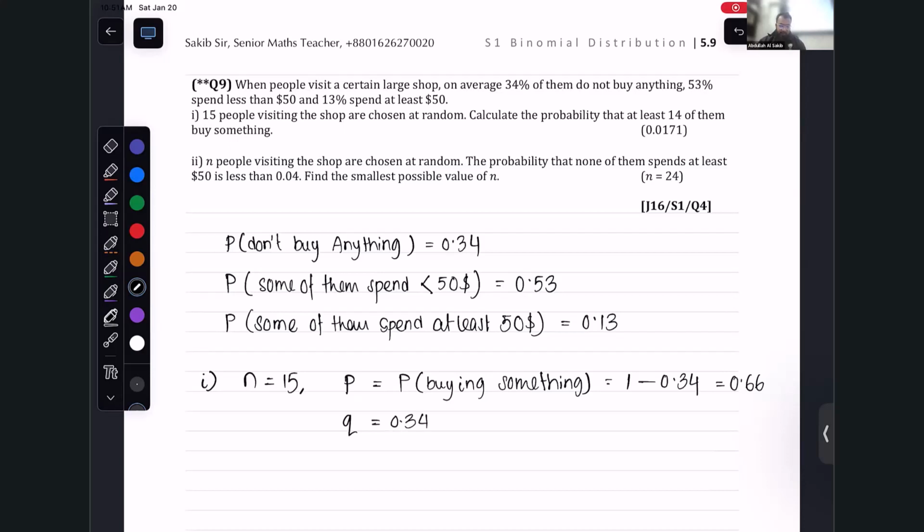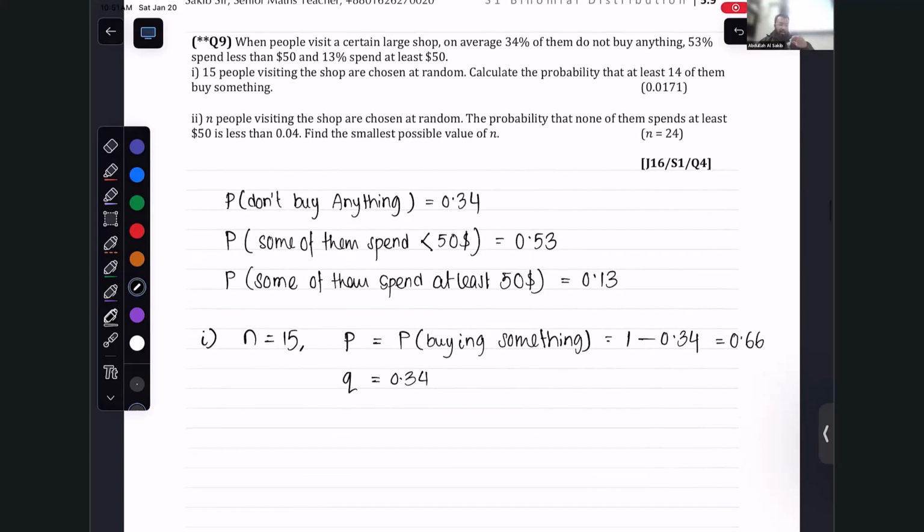The question says, out of 15, at least 14 of them will buy something. So the probability of X is greater than or equal to 14. That means either X will be 14 or X will be 15.